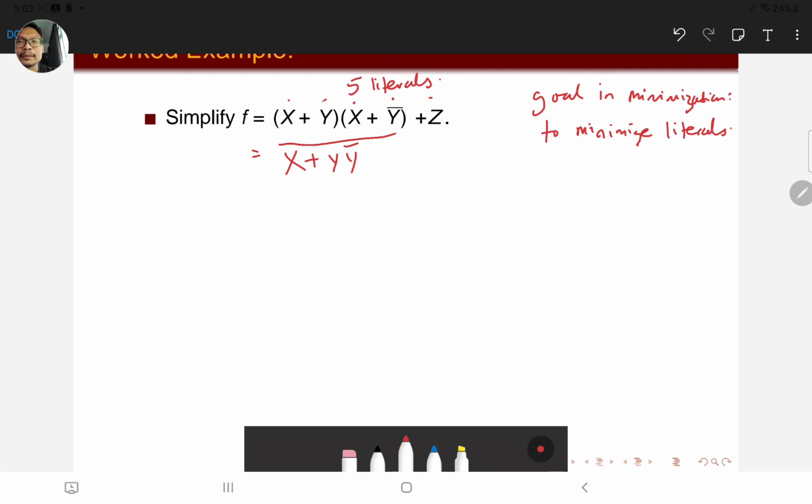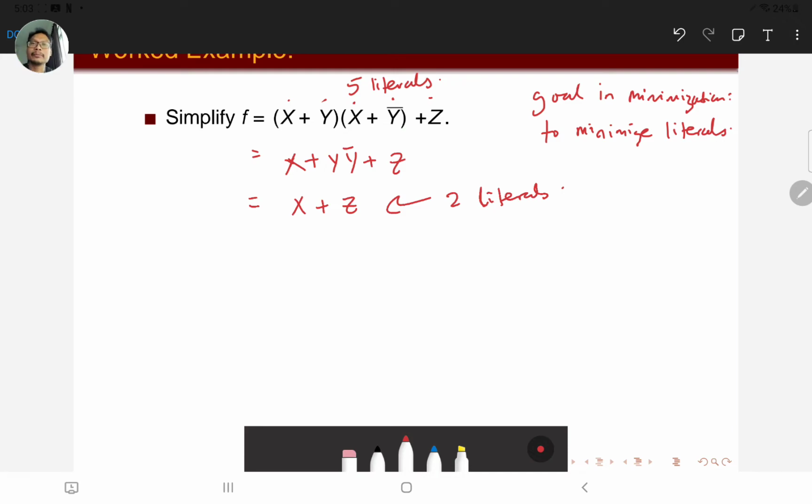So x plus y bar plus z. And what is y bar y? That is actually 0, so your final solution is x plus z. Here you have 2 literals only. So how many literals did we reduce?